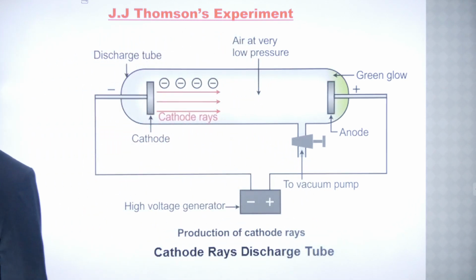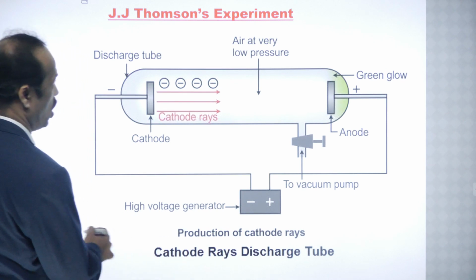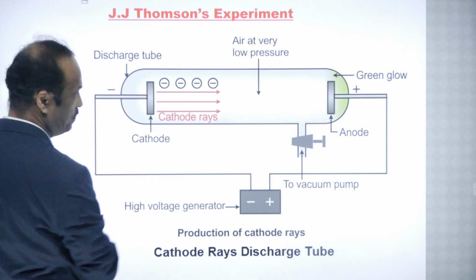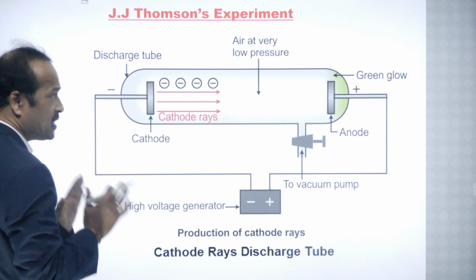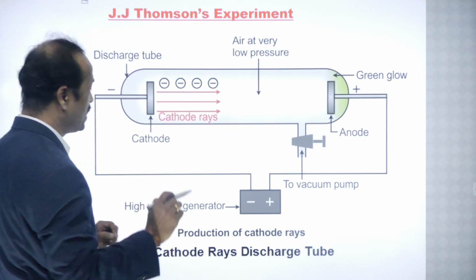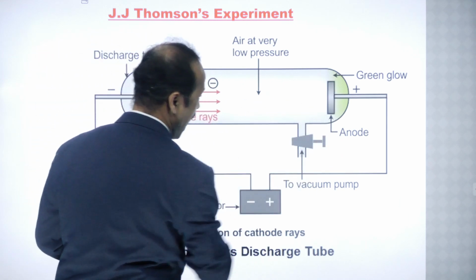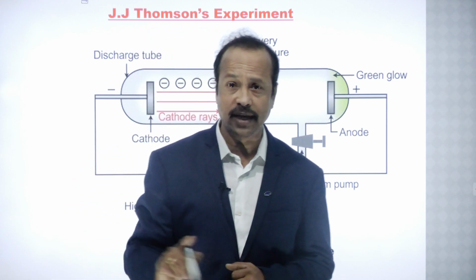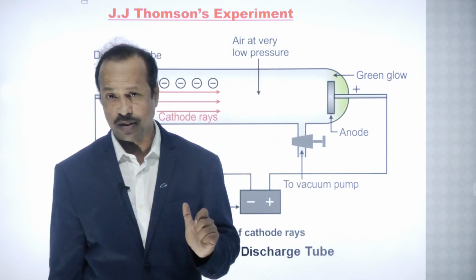This experiment consists of a small glass tube, which has two electrodes. One is called a cathode and the second is called an anode. An electrode which is connected to the negative terminal is called a cathode.